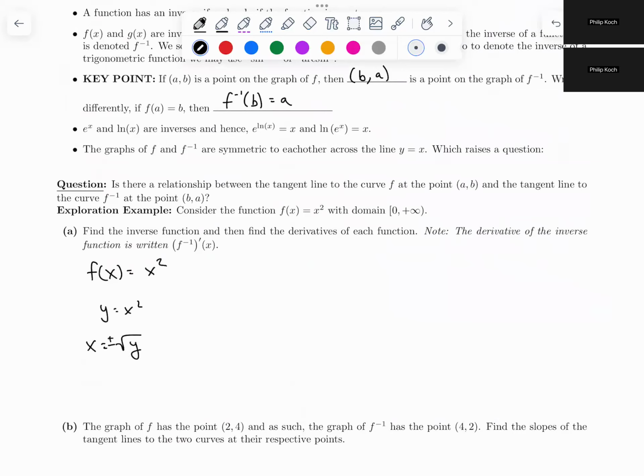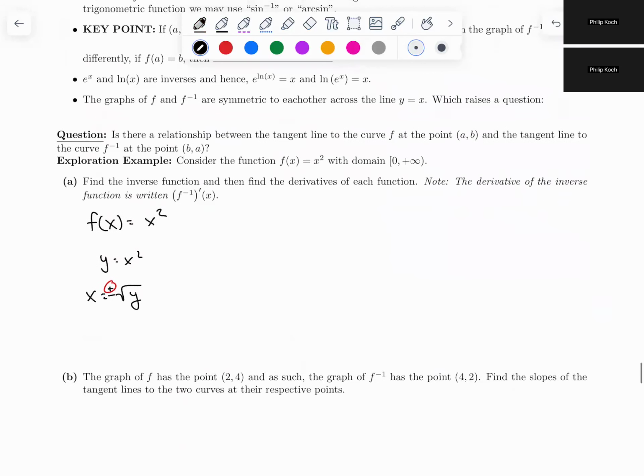Which one should it be, the plus or the minus? Our domain for x numbers is from 0 to positive infinity, so we have to choose the plus sign. Do you need to know how to do that? No, but it's fun to talk about. So f inverse of x is the square root of x, or x to the 1/2.